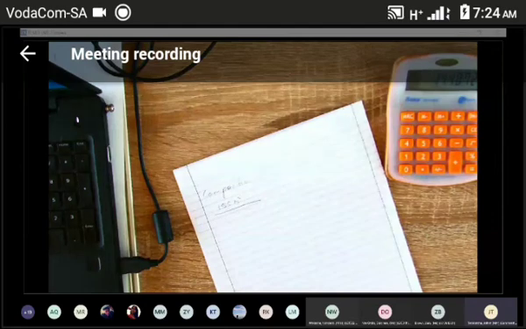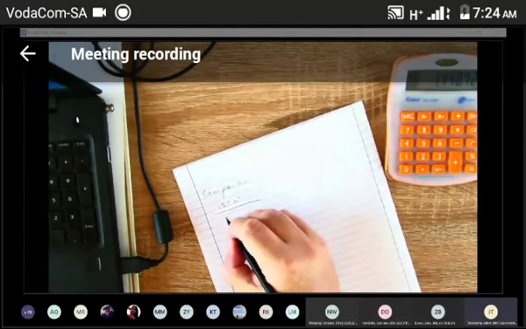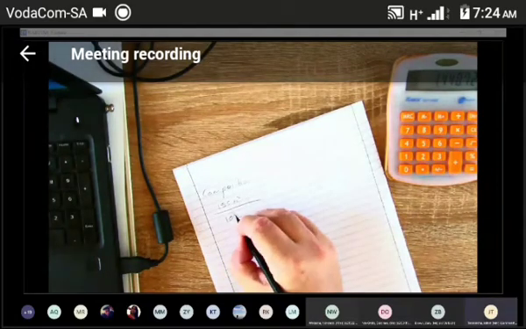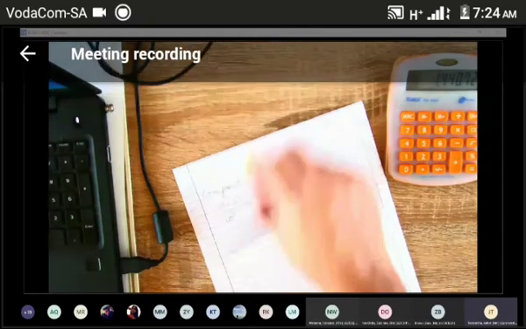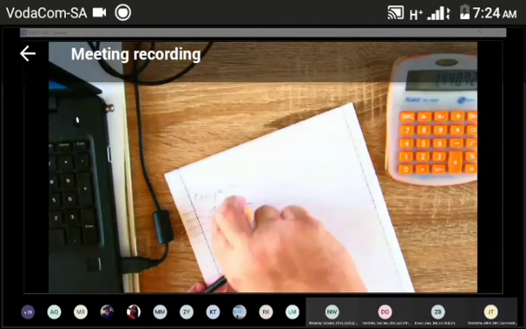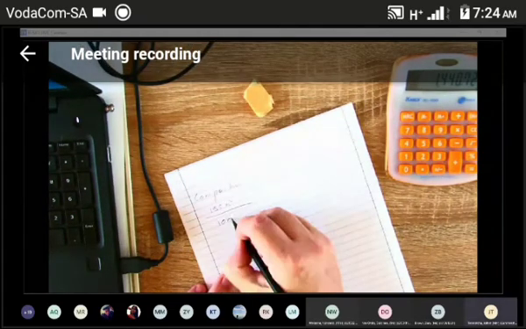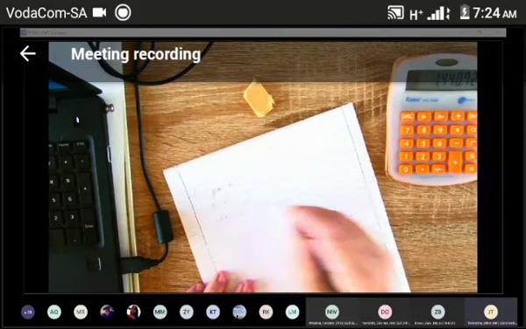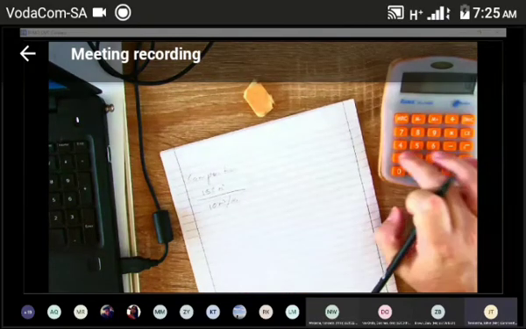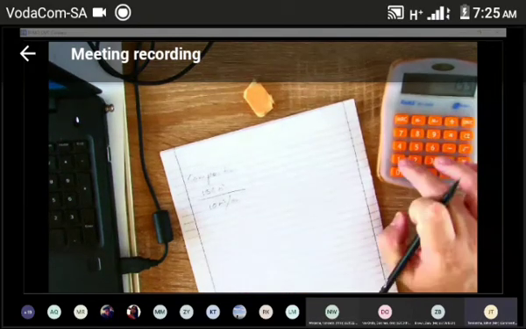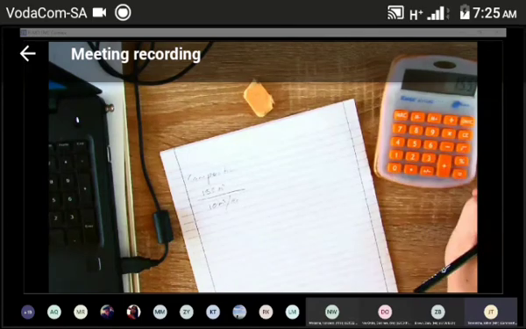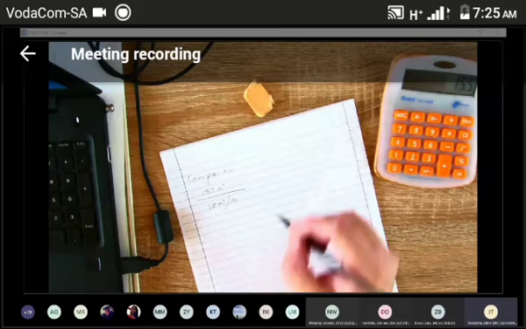And what's my hourly output for my compactor? He can compact 10 square meters in an hour. So therefore 155 divided by 10 will take me 15.5 hours to compact the material.